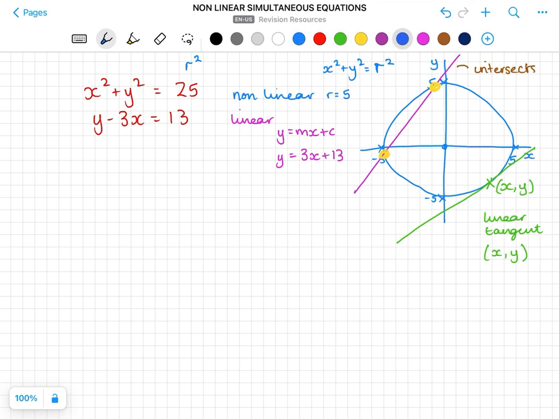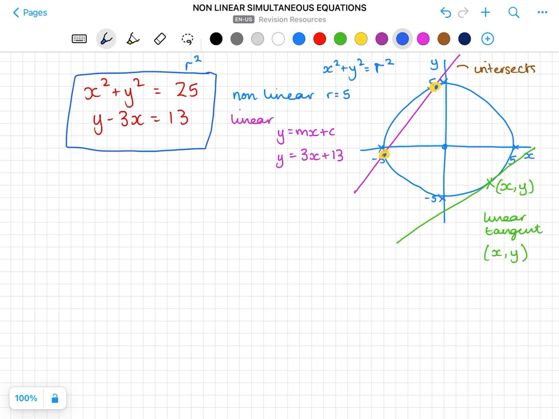So there are two different types of example questions you will get. You will either have them set out like this and the question will ask you to solve algebraically, or you will get a question where they draw the axes for you, with your circle and your straight line, and you need to identify the coordinates of intersection.